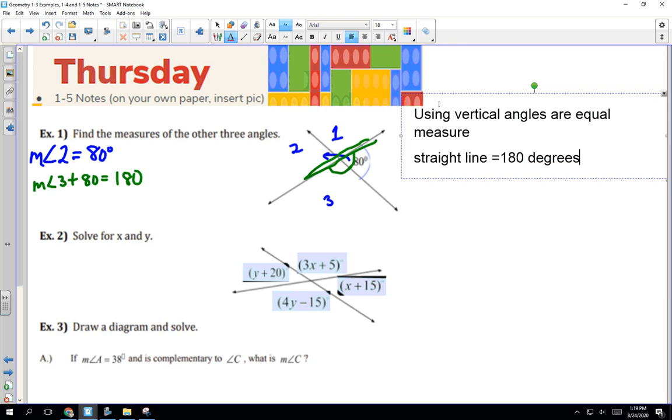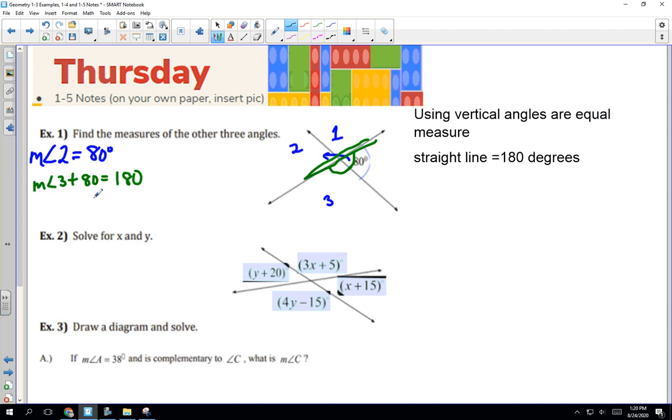You're going to be expected to hang on to this tool in your toolbox, because often we're going to do some work on angles, and one of the ways we find angle measures is using these 2 properties. It doesn't go away the whole semester.